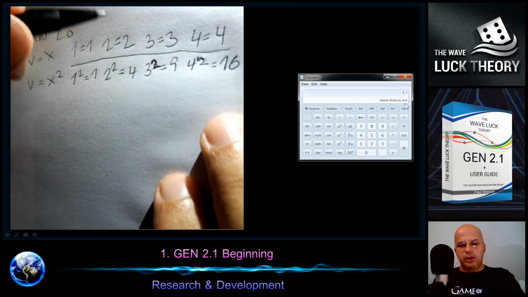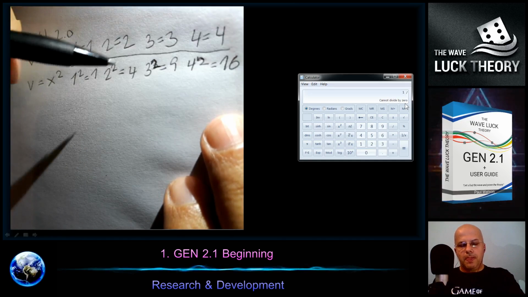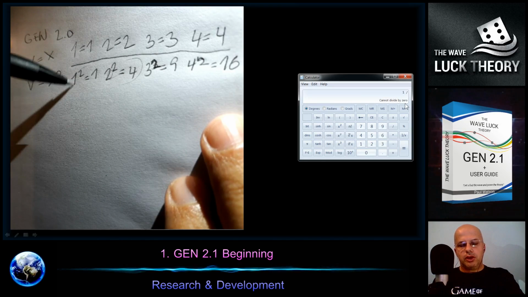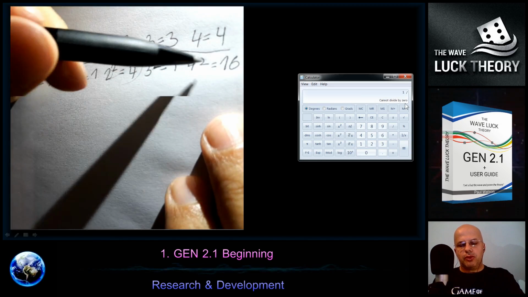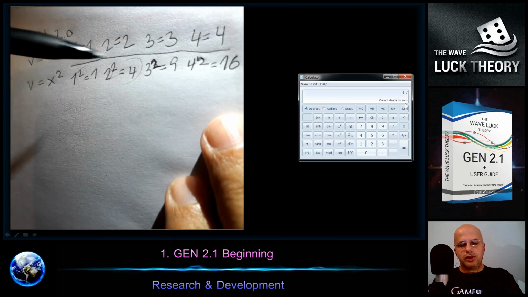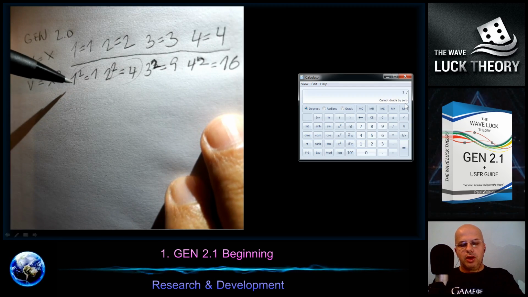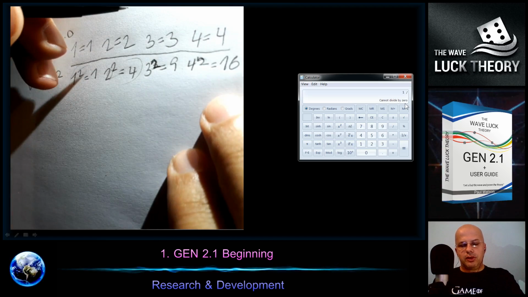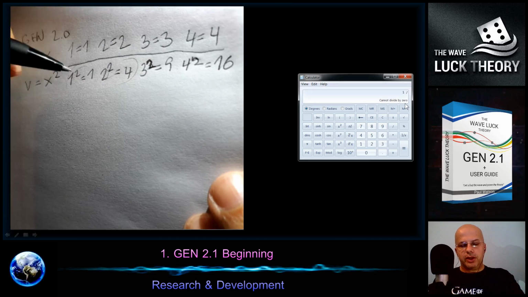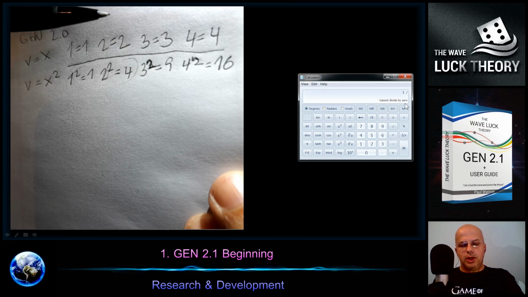You can see that the number 2 is now 4 times higher than number 1, and the number 4 is 4 times the number 2 and 16 times higher than number 1.